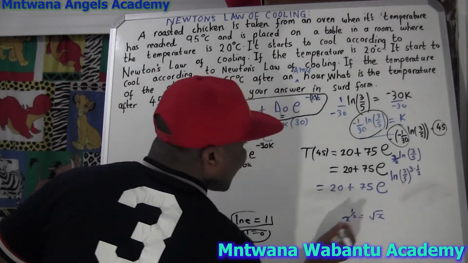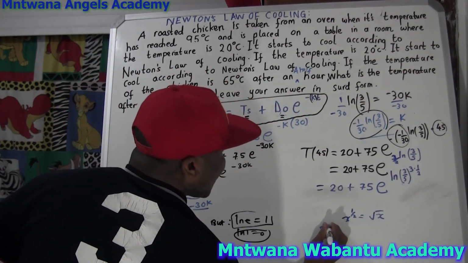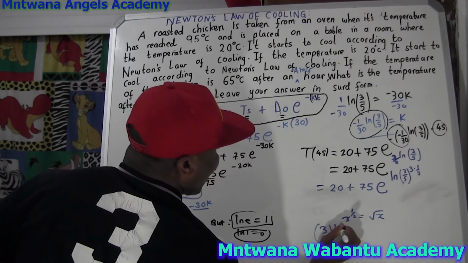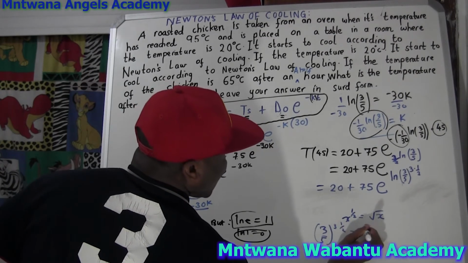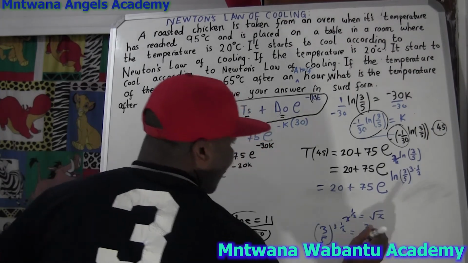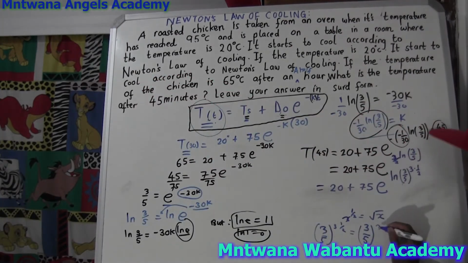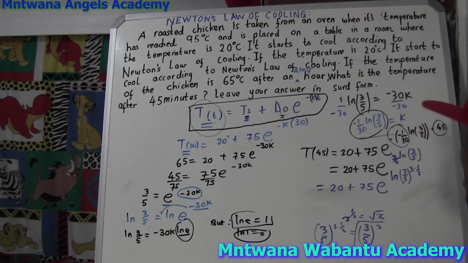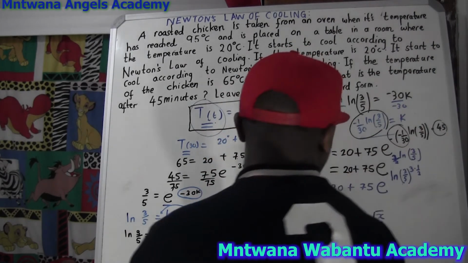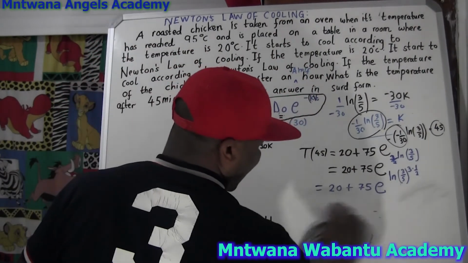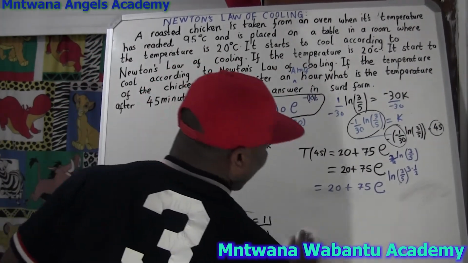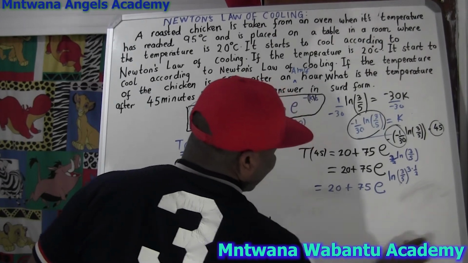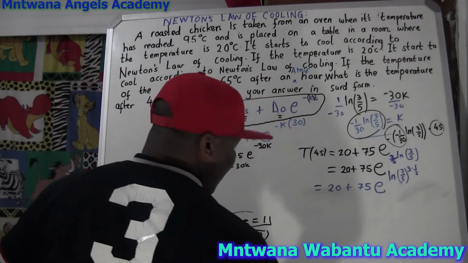So 3 over 5 to the power 3, to the power 1 over 2. I separate this half because I know this half is going to be the square root.